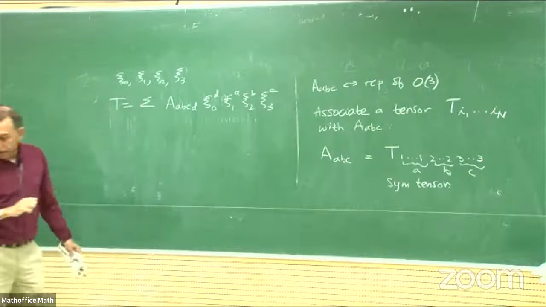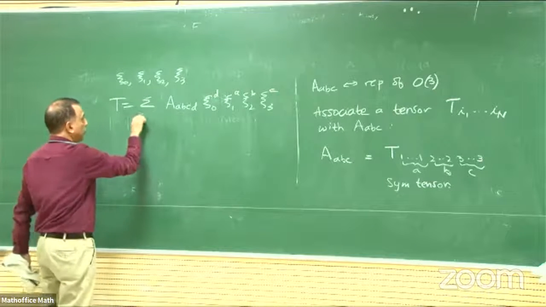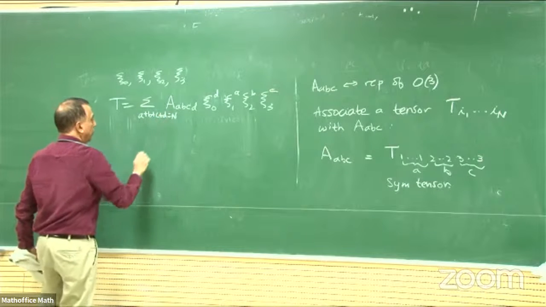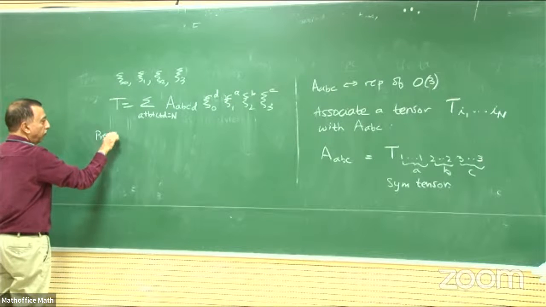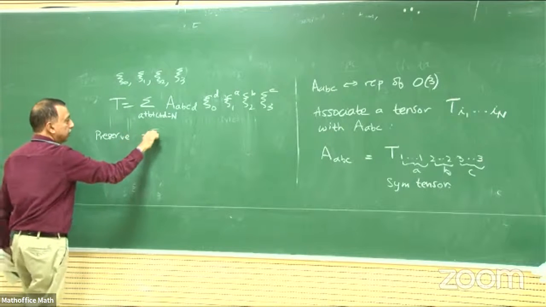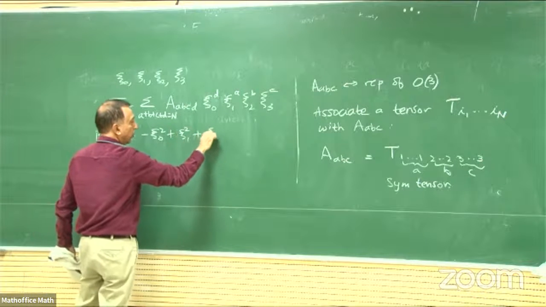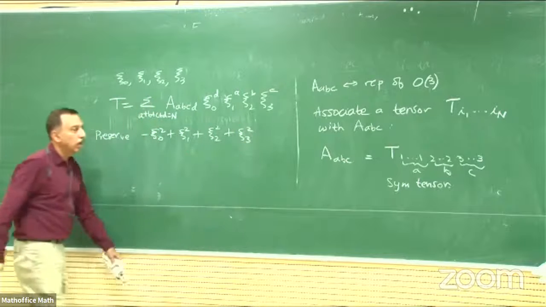Okay, but now supposing we consider the usual homogeneous thing, and we consider linear transformations that preserve minus psi 0 squared plus psi 1 squared plus psi 2 squared plus psi 3 squared.